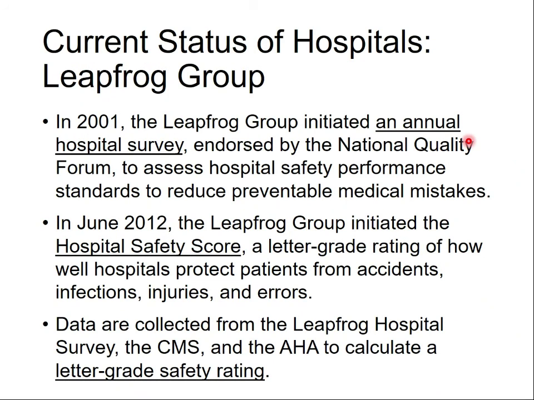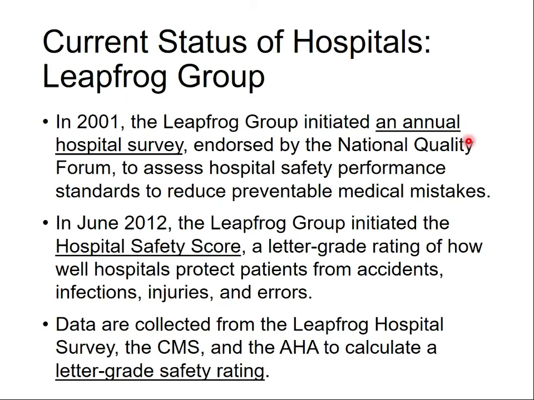And there are certain agencies that look at hospitals to see how well they are doing, how well they are handling patients, and what type of quality of service they're providing. The Leapfrog Group is one of these organizations that does annual hospital surveys.